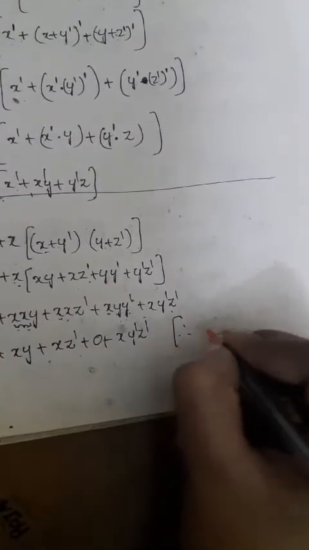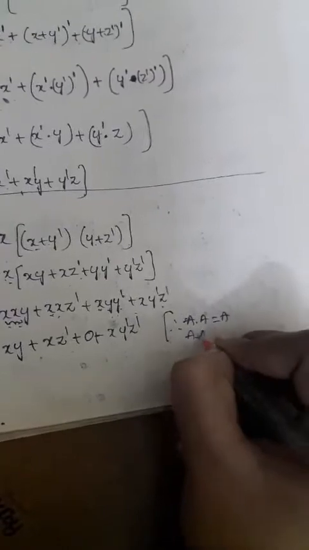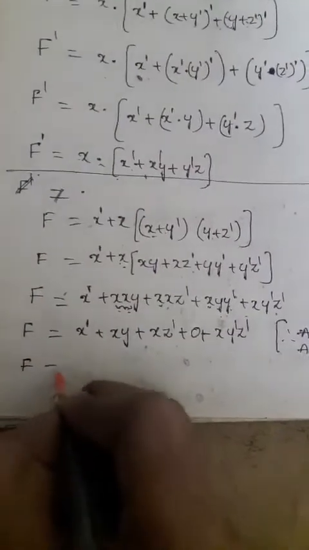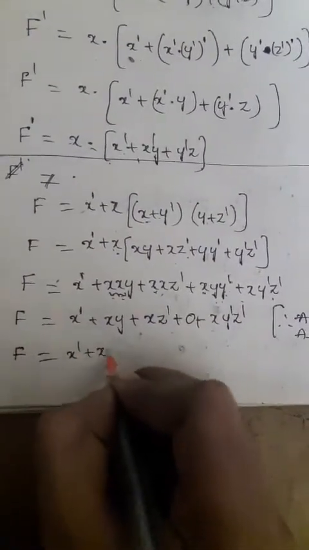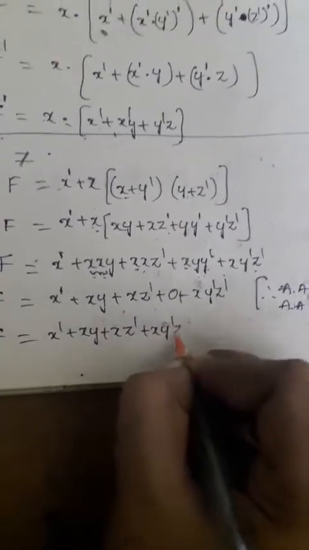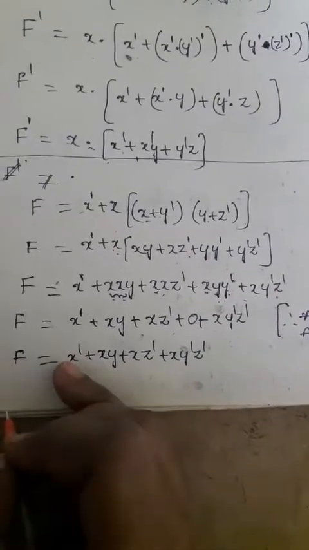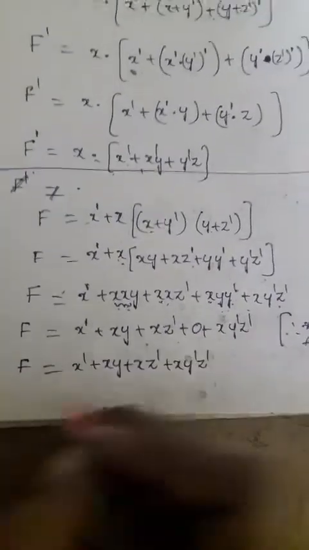So here you have to write it, a into a is equal to a and a into a complement is equal to 0. By using these two rules we'll simplify this step. Okay, so now we'll get the final expression, x complement plus xy plus xz complement plus xy complement z complement, right? So now apply the complement for this, okay, for converting to POS expression.